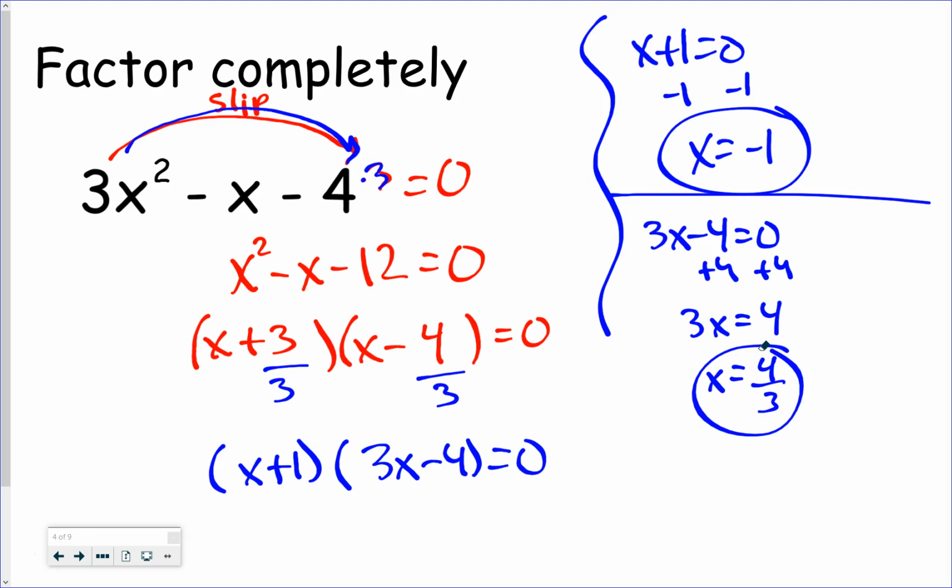Okay. So if I were to graph this parabola, it would be crossing over where x is negative 1 and crossing back through where x is 4/3, or like 1.3-ish. So negative 1 and then like 1.3, like right there.